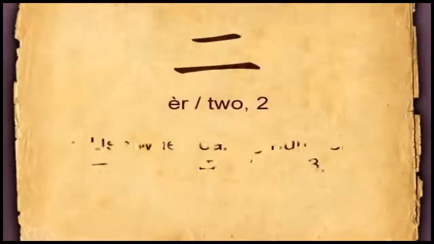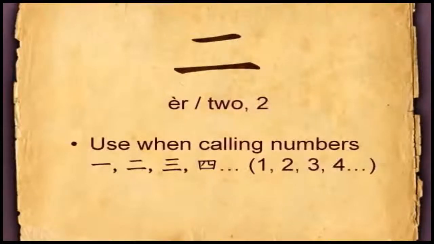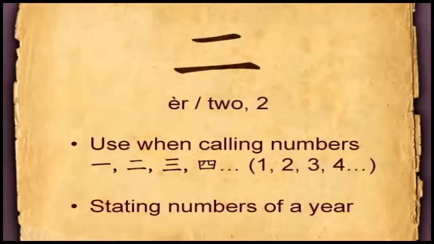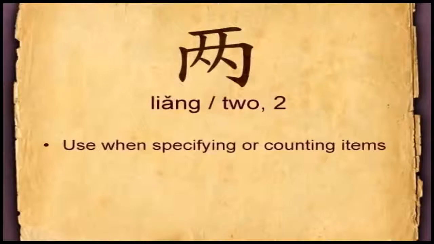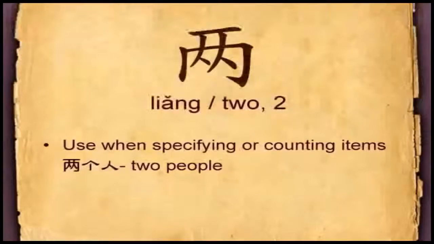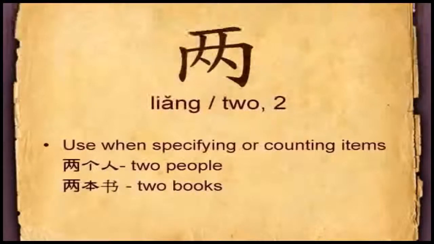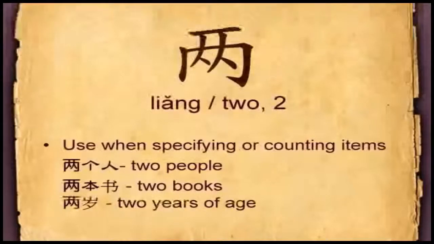Now let's talk about 二 and 两. You know that 二 means 2. 两 also means 2, but they are used in different situations. 二 is used when calling numbers such as 1, 2, 3, or saying the numbers of a year, like 2009. 两 is used when specifying or counting items such as 两个人, 2 people, 两本书, 2 books, and 两岁, 2 years of age.